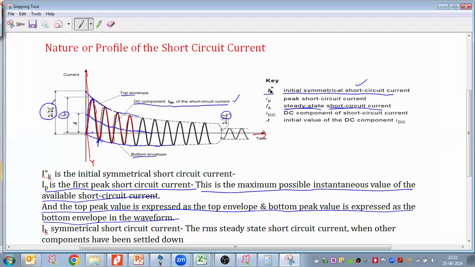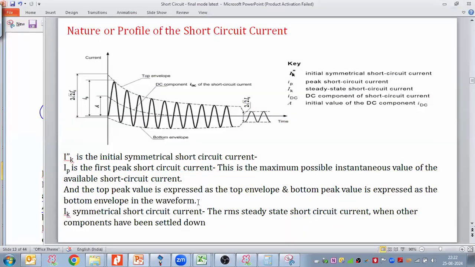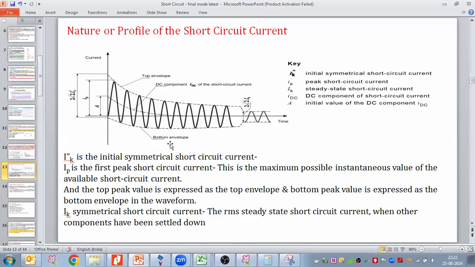Steady state means when your DC component has vanished. So IK is the symmetrical short circuit current. This is the RMS steady state short circuit current when the other component has settled down.